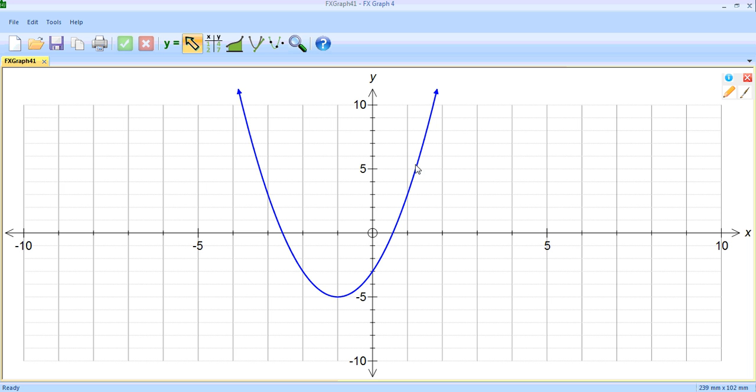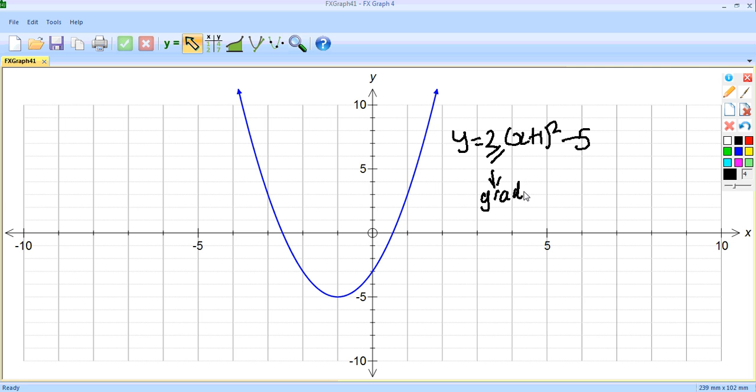In other words, the gradient has actually increased. So the equation of this is y equals 2 bracket x plus 1 all squared minus 5. That number there changed the gradient. It made it steeper.